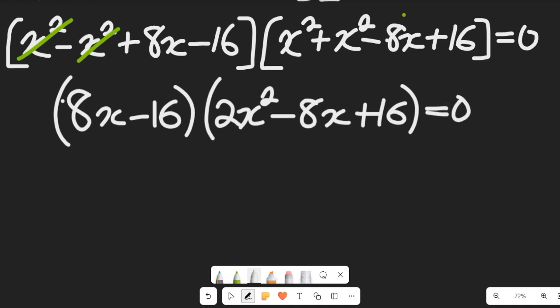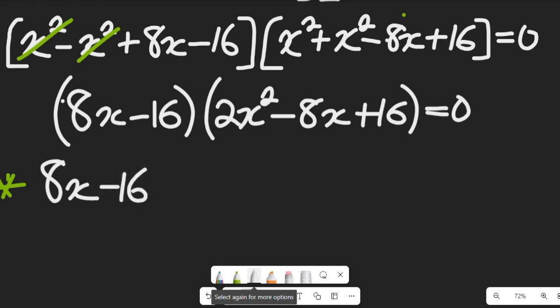So this is more of a zero product rule. Considering that, the first expression will give us 8x minus 16 equal to 0.